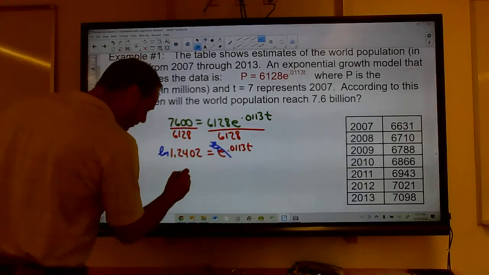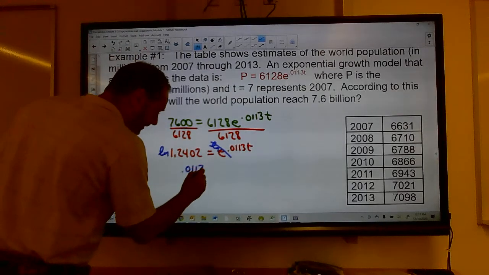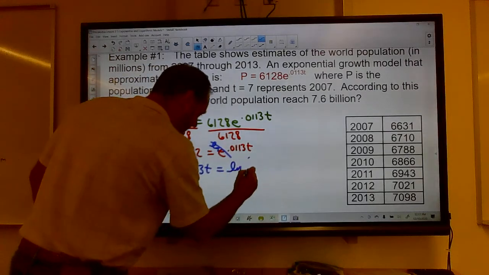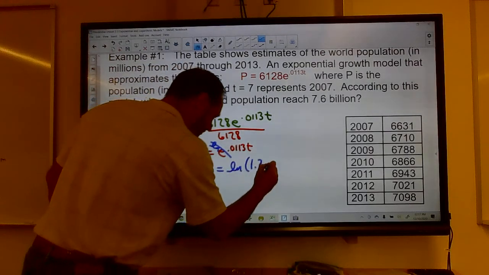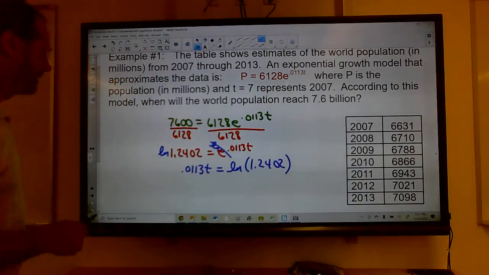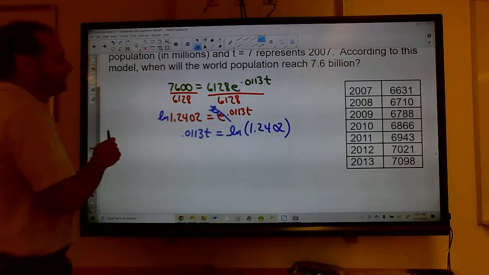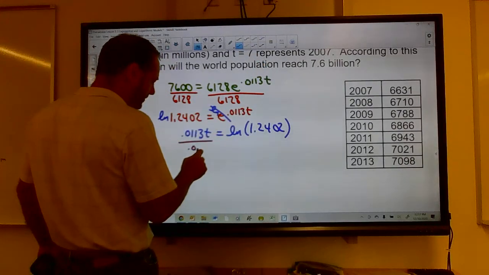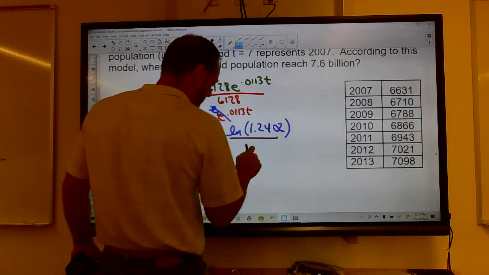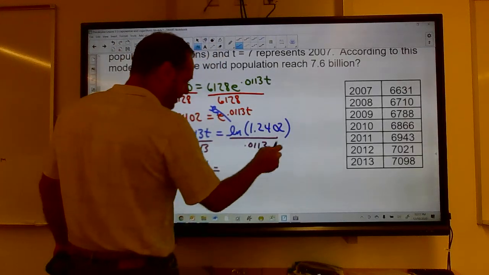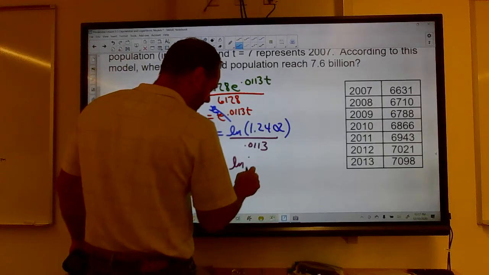So I'm going to get 0.0113t is going to equal the natural log of 1.2402. And then I'm going to divide by 0.0113 on both sides. So t is going to equal all of this stuff right here.